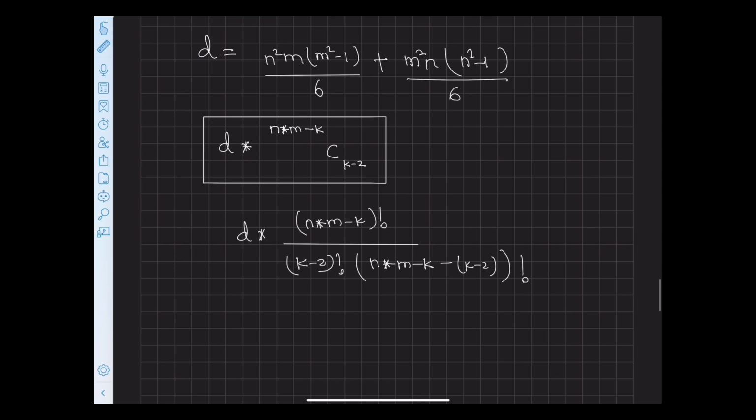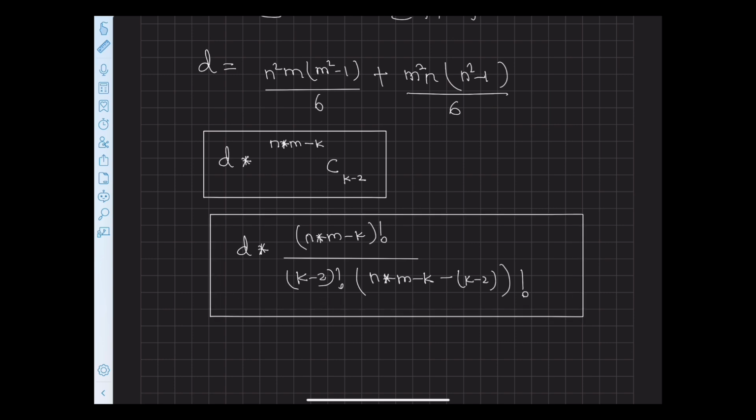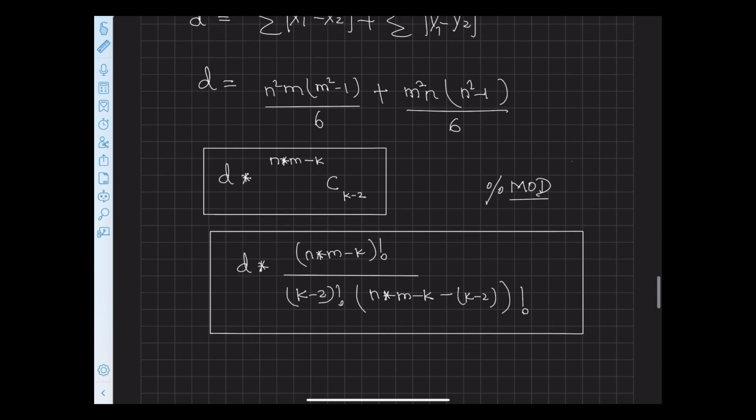And you have to multiply d with it. We already know the value of d, right? So we need to find out this. Now, this is a factorial, right? So we can calculate factorial. And remember, we also have to take our answer modulo 10 power 9 plus 7, right?